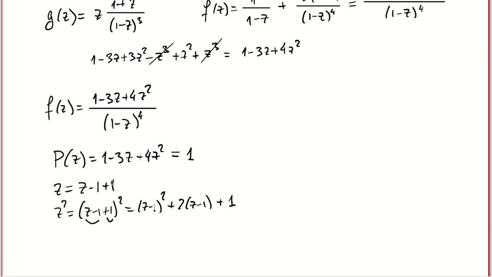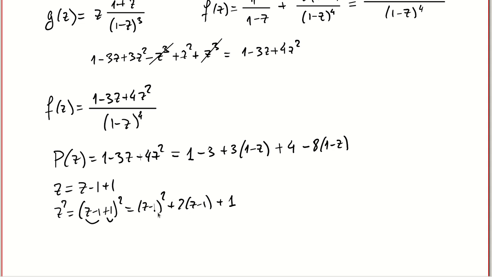Minus 3 times this, so minus 3, because of this one, and then minus 3 times (z − 1), which is plus 3 times (1 − z), if I change the sign of this. And then I have 4 times z^2, which is 4, and 4 times 2 is 8, 8 times (z − 1), which is −8(1 − z), changing the sign here.